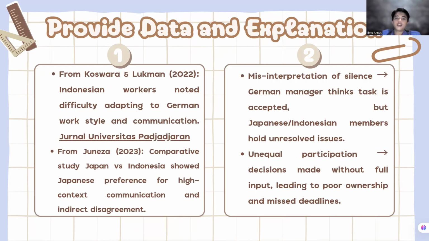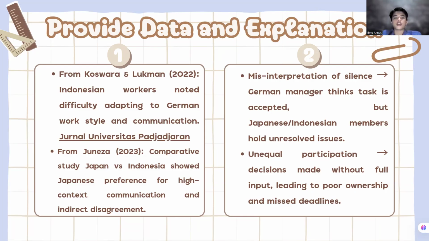The data and the explanation for it I got from Kaswara and Lukman 2022: Indonesian workers note difficulty adapting to German work style and communication. And the other one from Juniza 2023, a comparative study between Japan and Indonesia, showed that the Japanese prefer high context communication, but of course with subtle feedback.